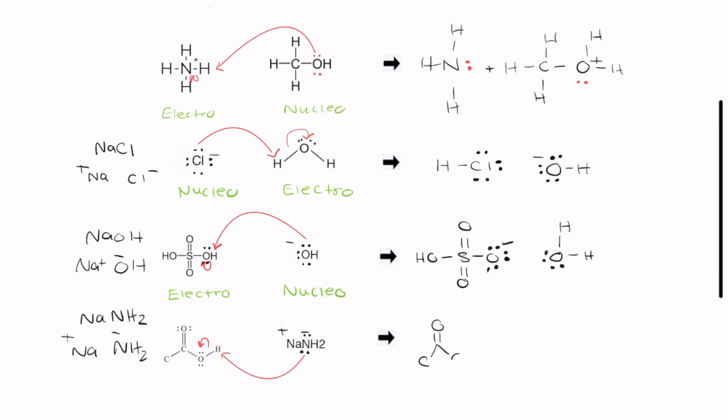turning into actually what's called a carboxylate. So it originally had 2 lone pairs, but what's going to happen is it donates that hydrogen and gains a 3rd lone pair. And now NH2 became NH3, and it lost one of its lone pairs. So now it only has 1 lone pair.